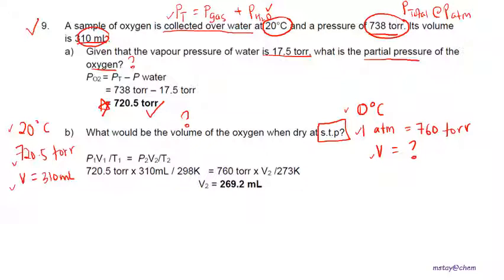So we are going to apply the combined gas law. As always, the temperature must be converted to the unit of Kelvin. After that, we substitute the values into the formula. We will notice that at STP, the volume of the gas that we are able to collect is 269.2 ml.